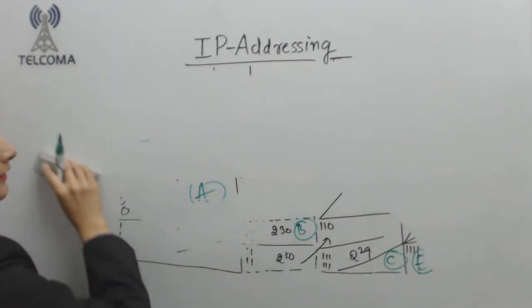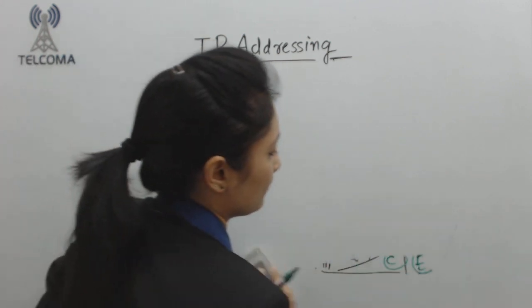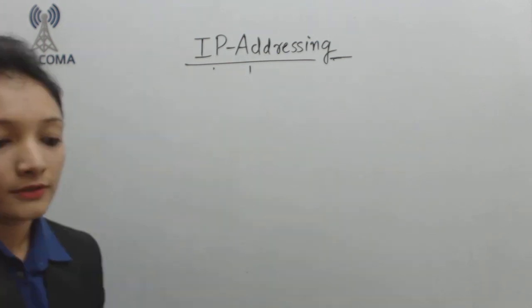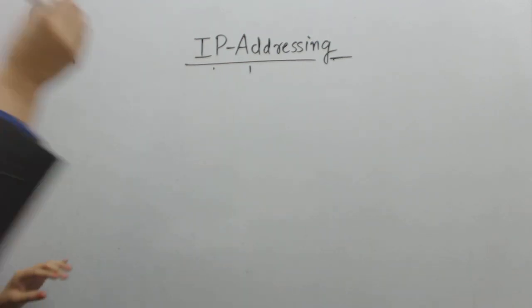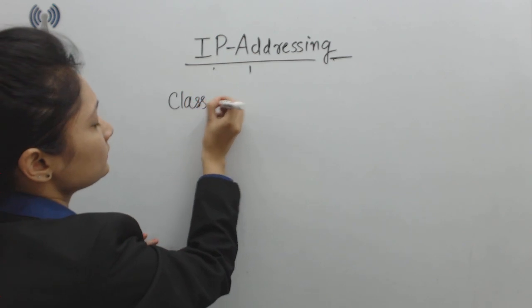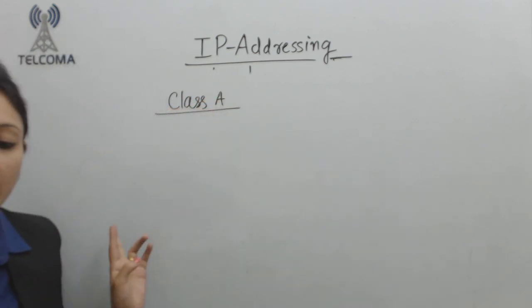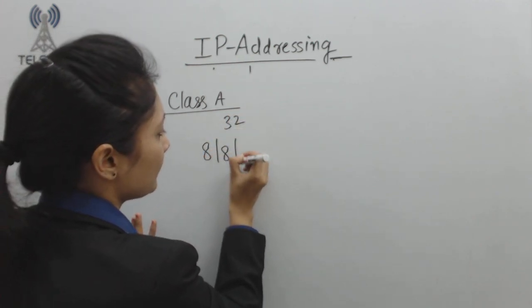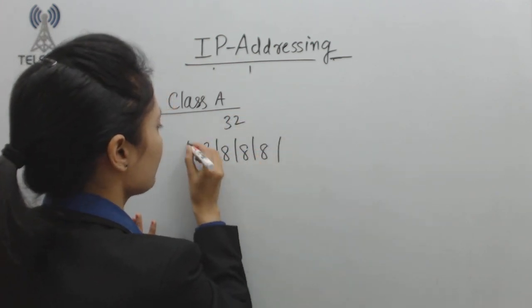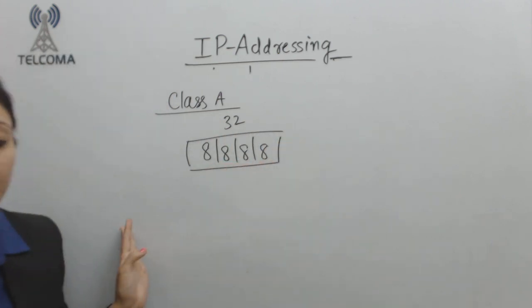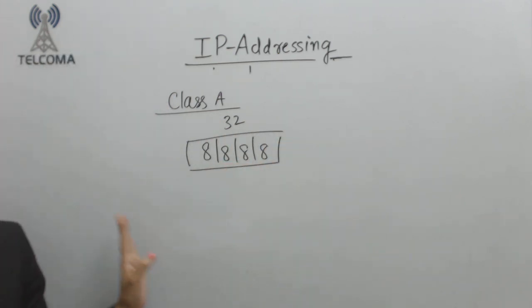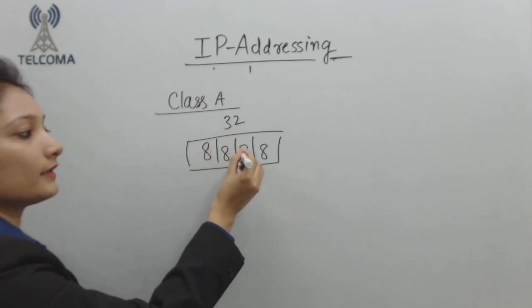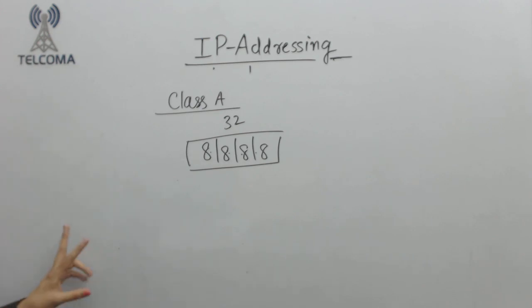Now if you just see here, for class A, we are saying a 32-bit address like this: 8, 8, 8 and 8 here. These are your 4 octets, in dotted decimal notation.